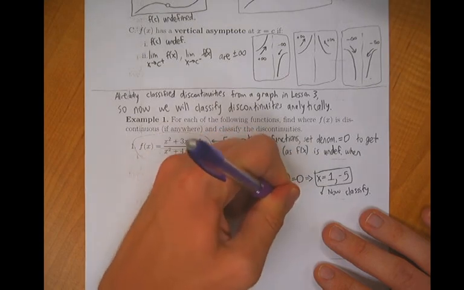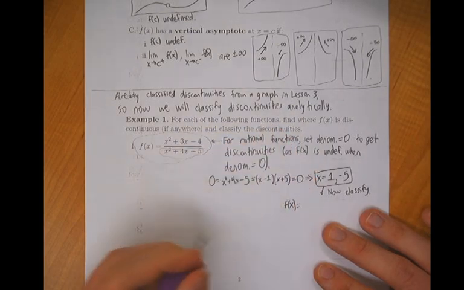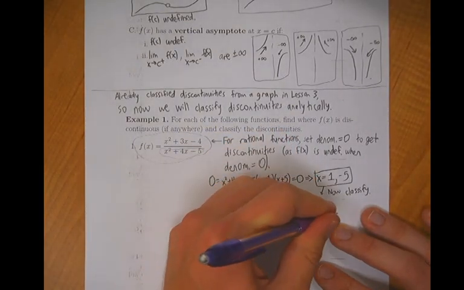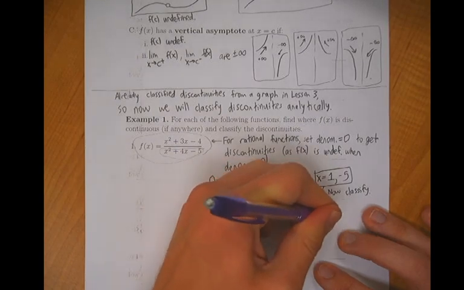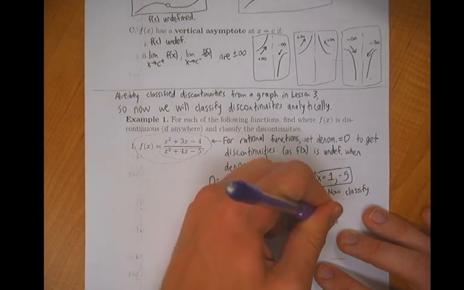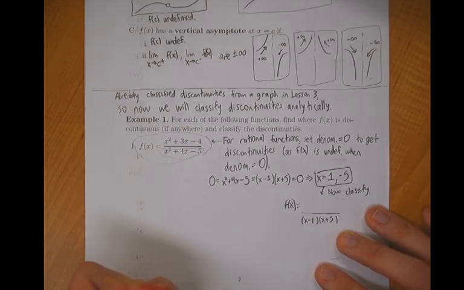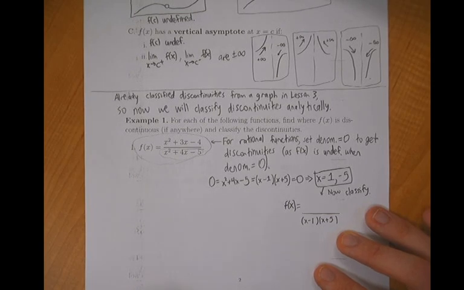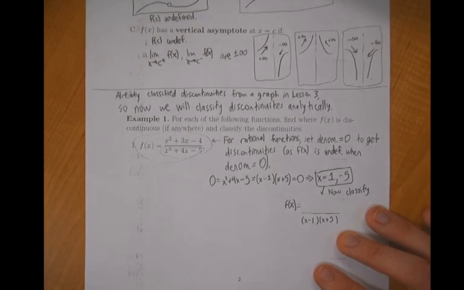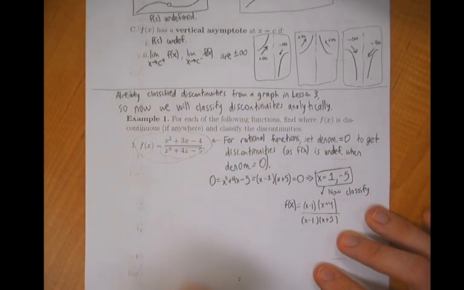So we have f of x equals, well, let's see. What we're going to do, as we did in lesson 4, is factor the numerator and denominator. We already have the denominator, that's x minus 1 and x plus 5. But what about the numerator? What does that become? I'm just trying to see if I can give someone else a chance. So. Yep. x minus 1 and x plus 4. Okay.